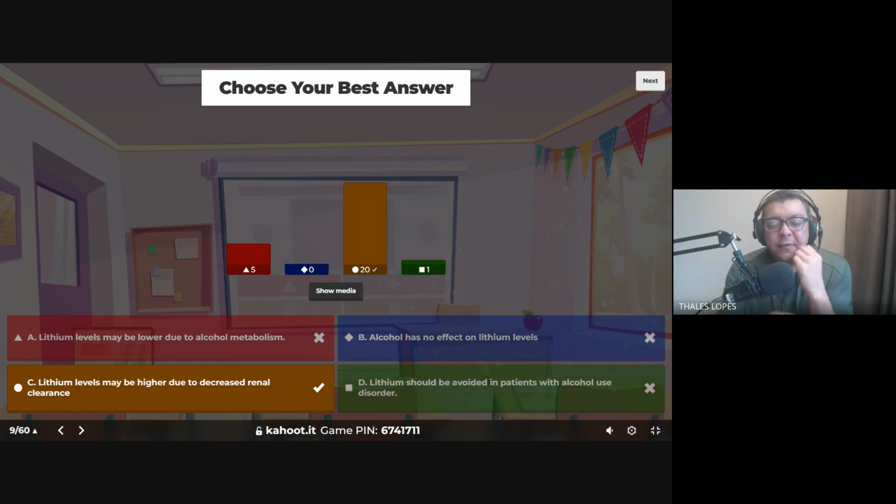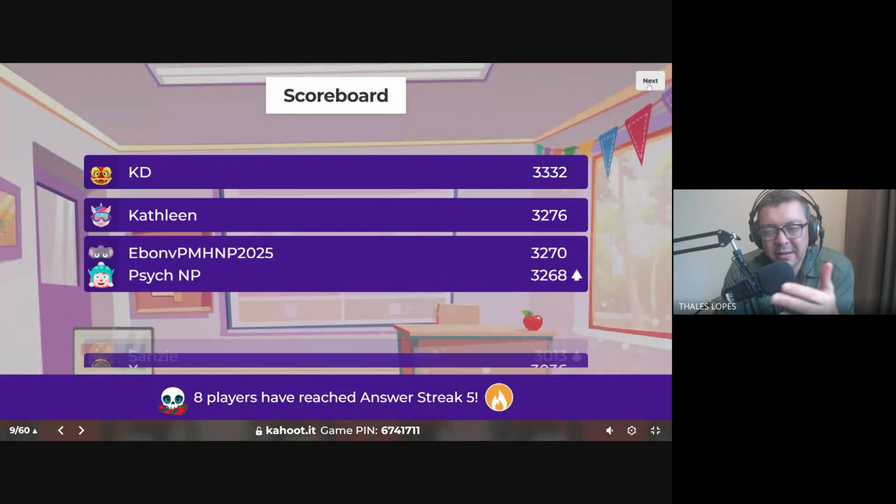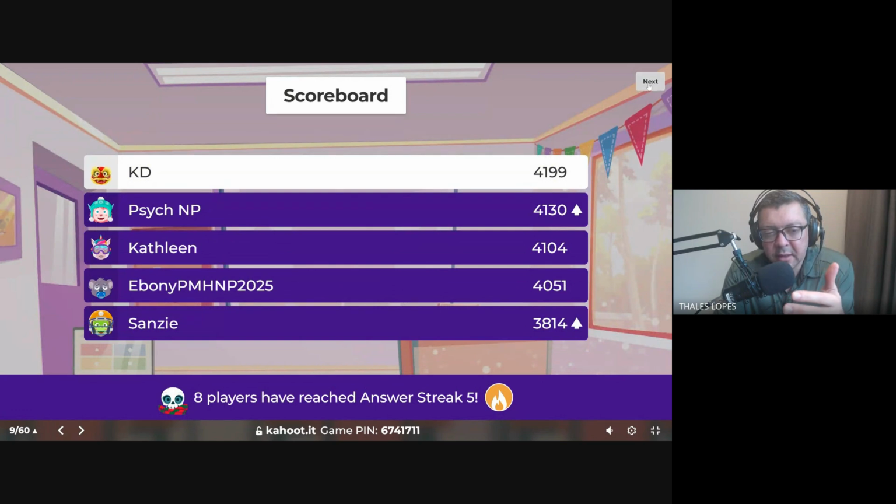Okay, so if you have reduced renal clearance, your kidney cannot do its job, therefore more lithium would be in the body, right?